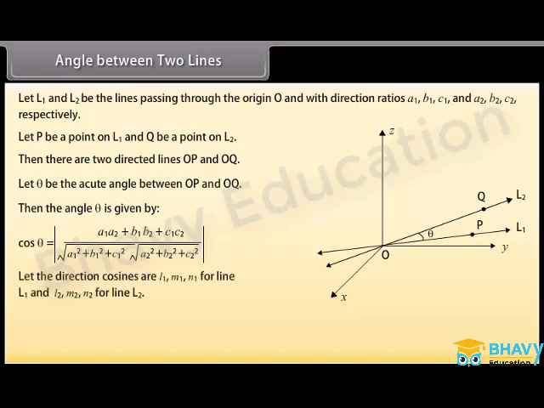Let the direction cosines be l1, m1, n1 for the line L1 and l2, m2, n2 for the line L2. Then the angle theta is given by cos theta equals modulus of l1 l2 plus m1 m2 plus n1 n2.